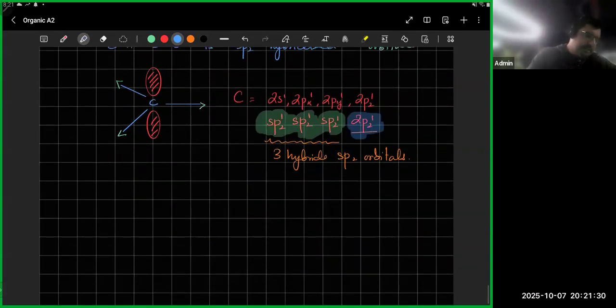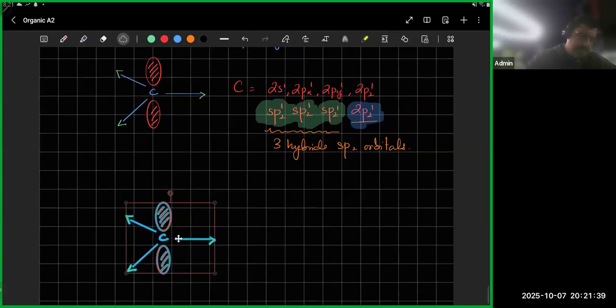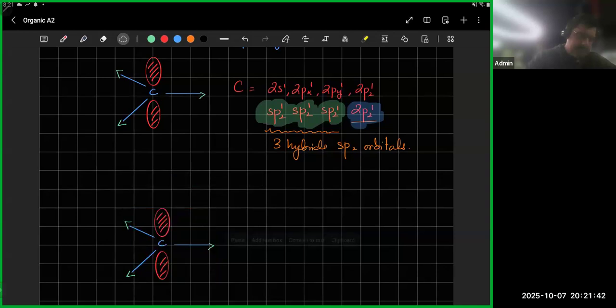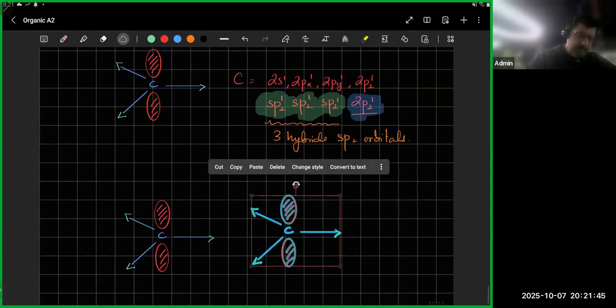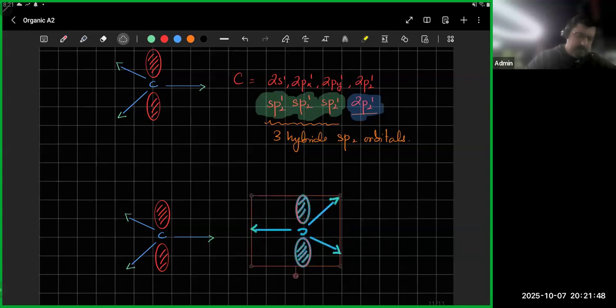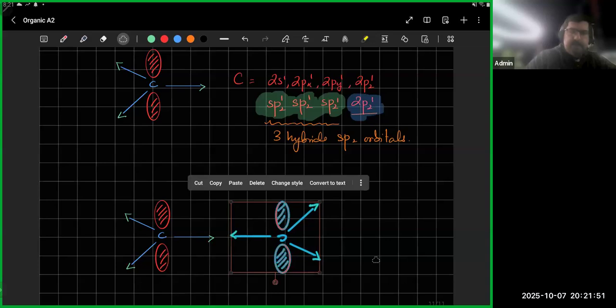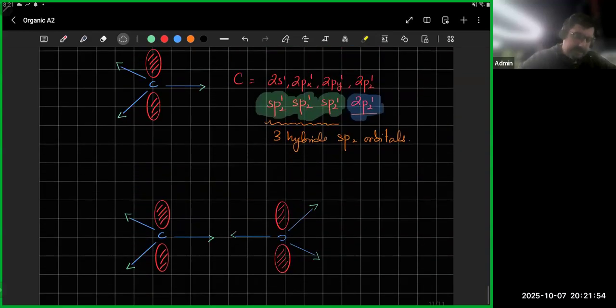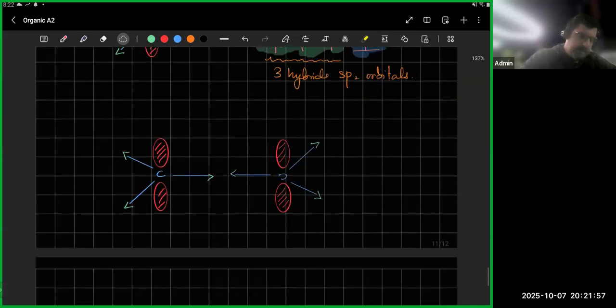So what happens in an alkene? I'm just going to pick this and rotate it. So this is how an alkene is going to get formed. There'll be two carbons trying to bond with each other, and on this side probably H, so that's H bonding.